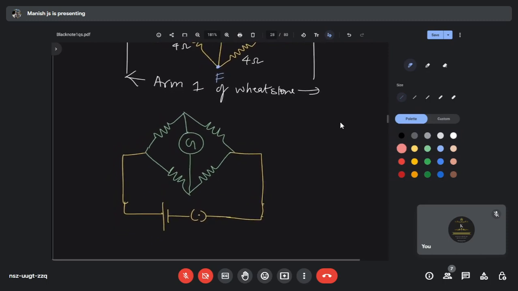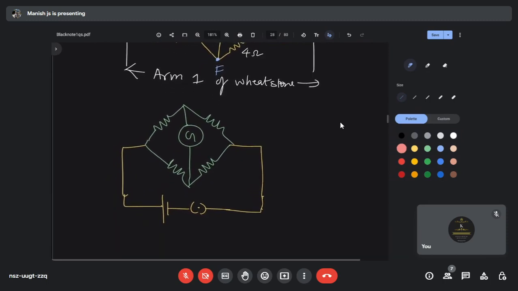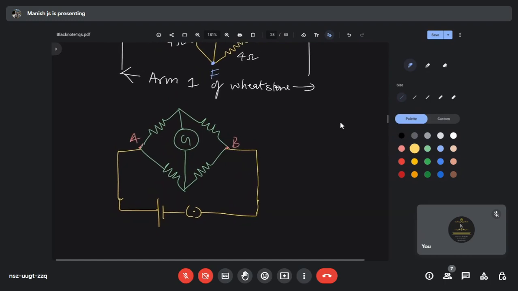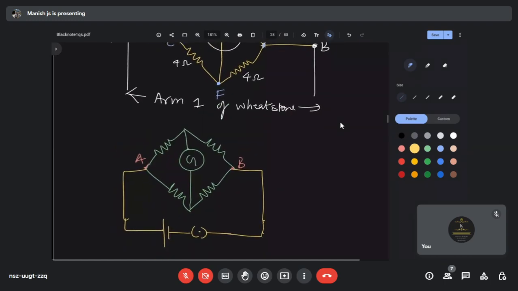So coming back, I am marking this as A, and this one as B, and we have taken other alphabets also.